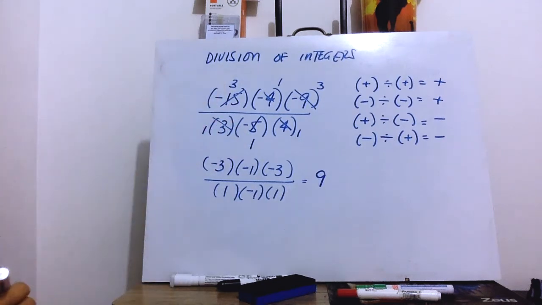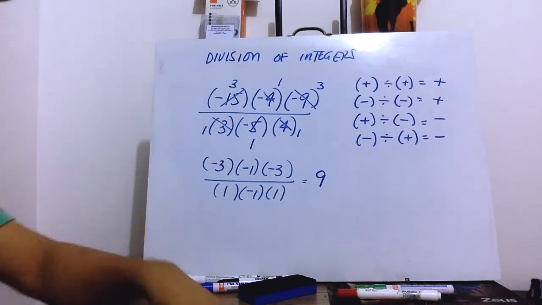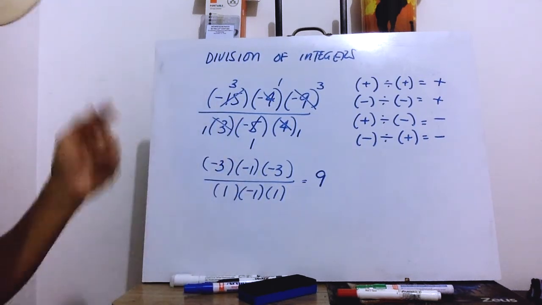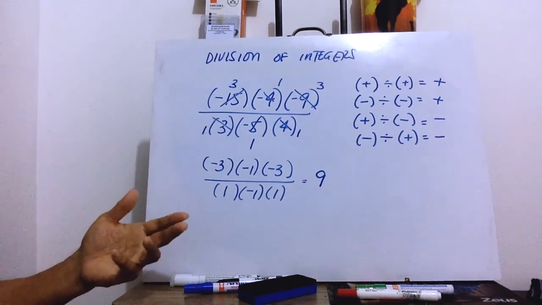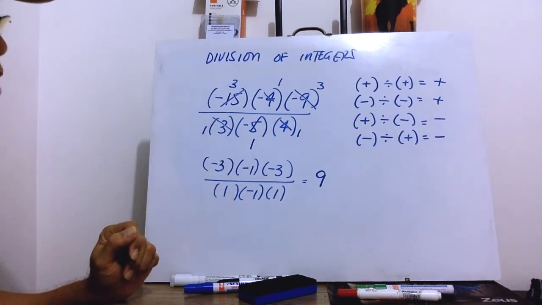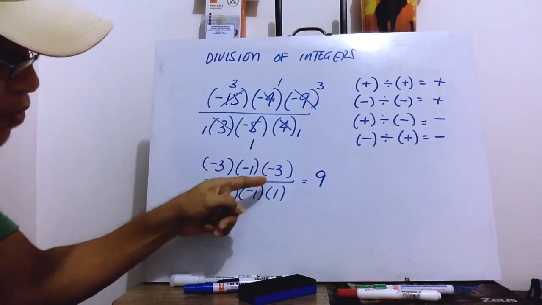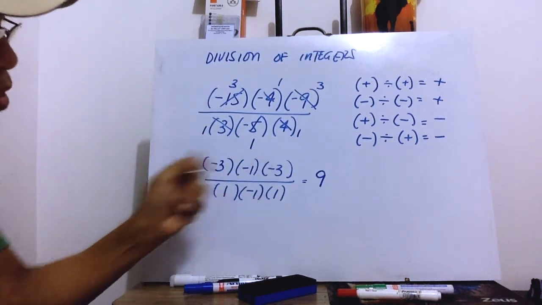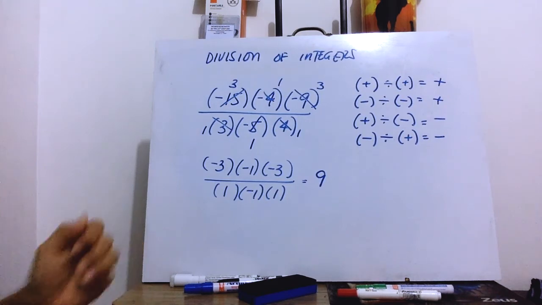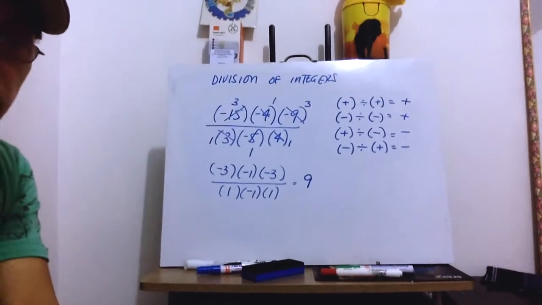Forget about the ones. So it's very easy. Okay? Let's check. Negative 3 times negative 1 is positive 3. Positive 3 times negative 3 is negative 9. But negative 9 divided by negative 1 is positive 9. Alright? So everything's easy. It just takes practice.